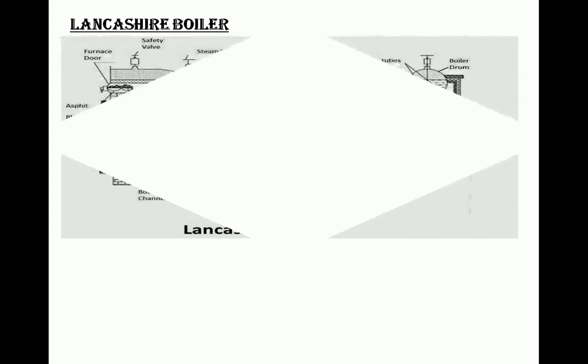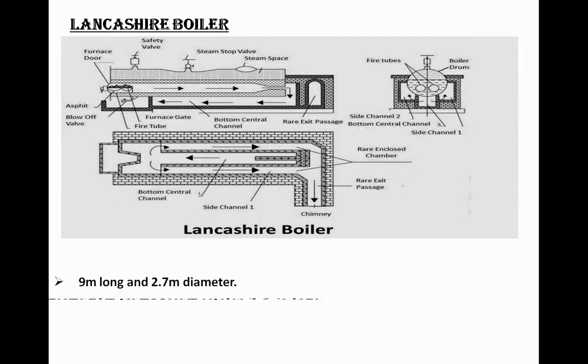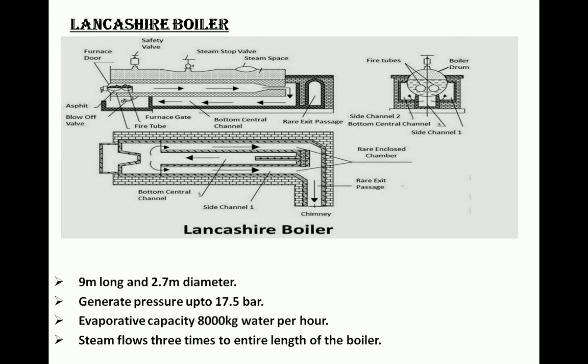Let's study about Lancashire boiler. It is a cylinder 9 meters long and shell diameter is 2.7 meters. It can generate pressure up to 17.5 bar. Its evaporative capacity is 8,000 kilograms water per hour. Coal is burnt in the furnace and flue gases are allowed to flow through the furnace tubes.